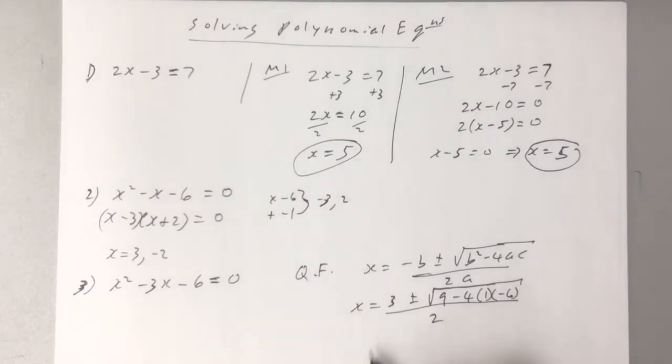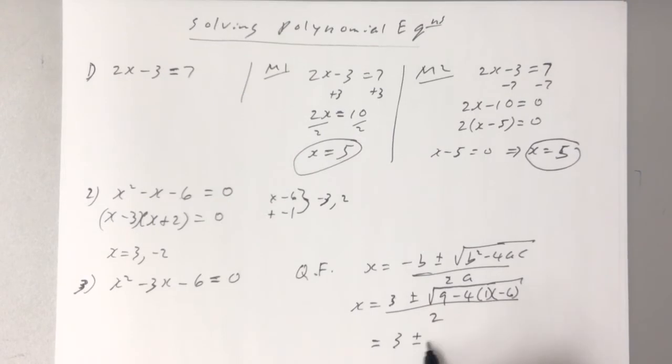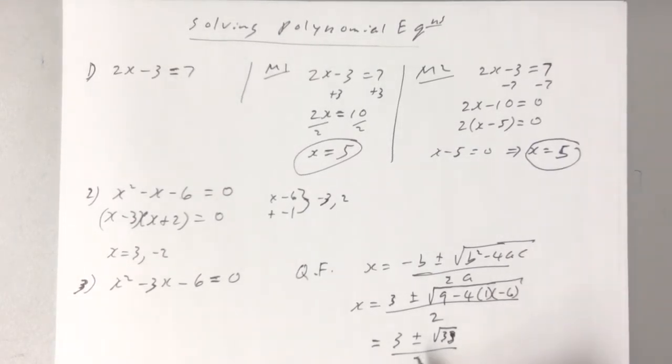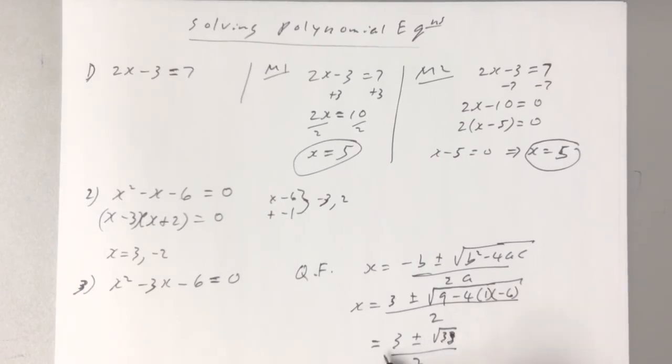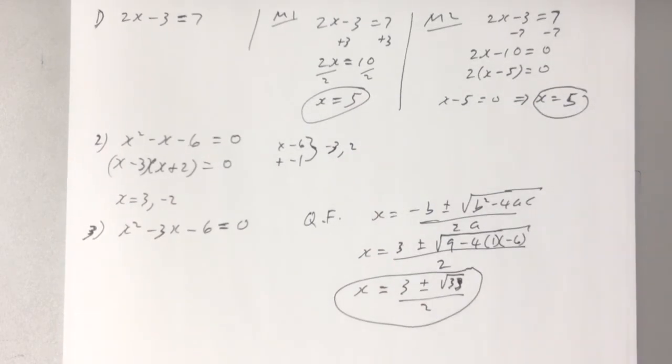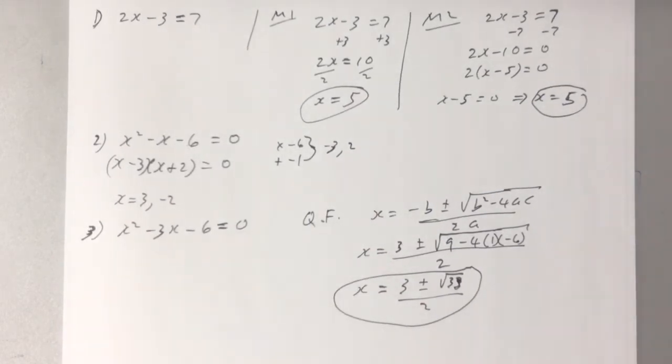And when you simplify that, you're going to get 3 plus or minus the square root of 33, all over 2. So you get two answers there: 3 plus root 33 over 2 and 3 minus root 33 over 2. This could be written in factored form, but there's no need to if we're just solving it. Okay, so that's quadratics.